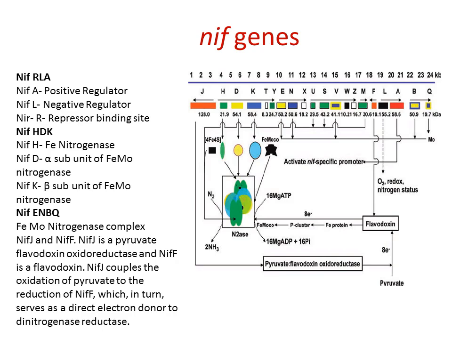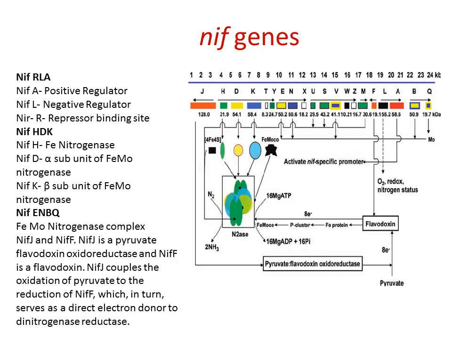So the main function of the J and F genes is the coding of the enzyme pyruvate flavodoxin oxidoreductase and flavodoxin, where the NIF-J protein is involved in the oxidation of pyruvate, and also in the reduction of flavodoxin, which in turn serves as an electron donor for dinitrogenase reductase.